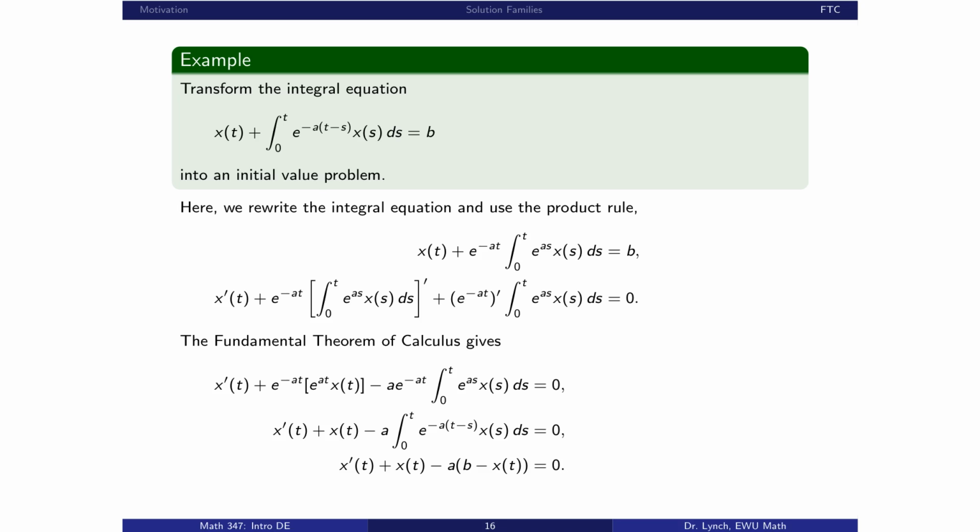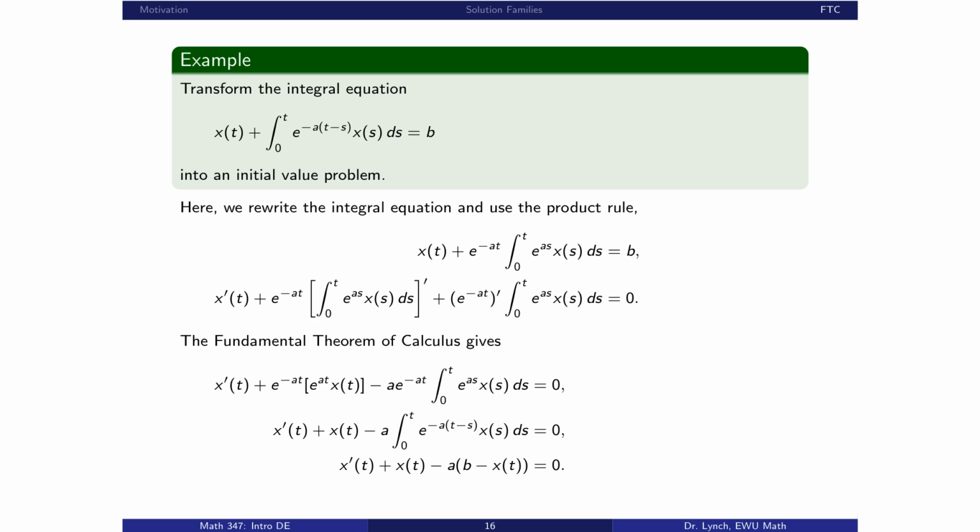We end up with x prime plus e to the minus at times e to the at x of t. That term in the square brackets is due to the fundamental theorem of calculus. Minus a times e to the minus at, that's the derivative of the exponential term, times the integral expression equals 0.